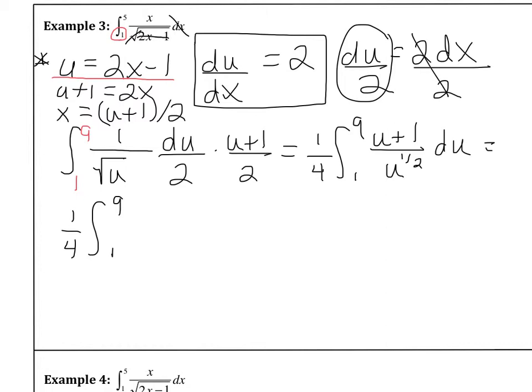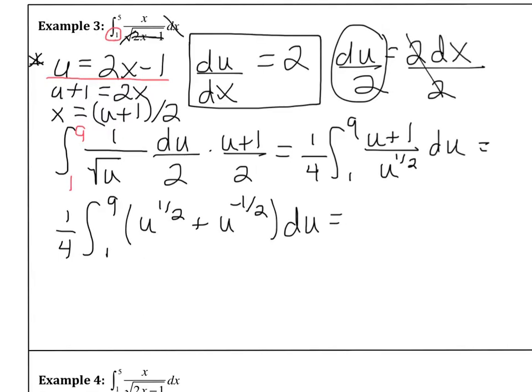So let's use that. And we will get u over u to the 1/2, which gives me u to the 1/2. And then 1 over u to the 1/2 becomes u to the negative 1/2 du. And now we can undifferentiate.